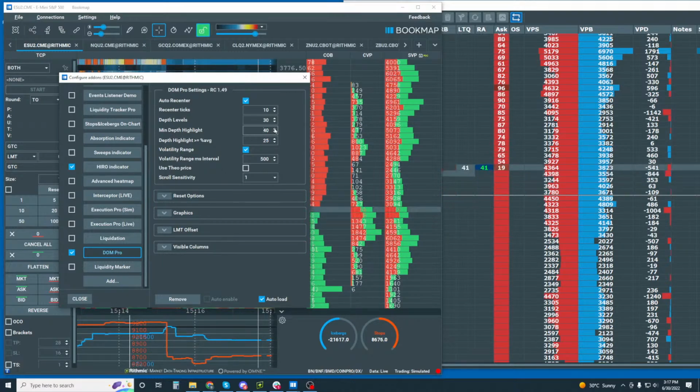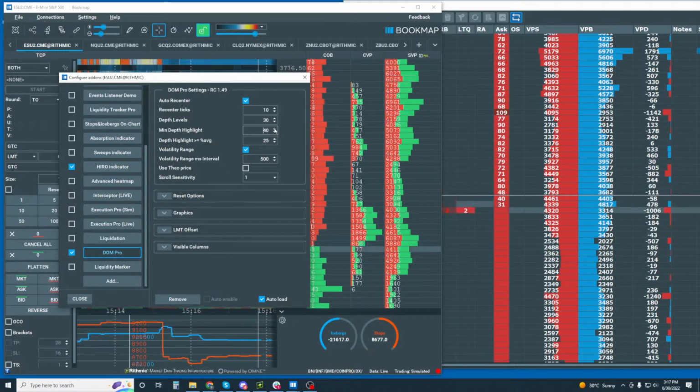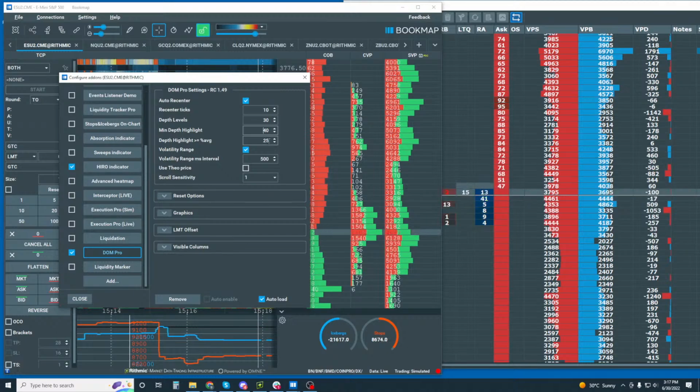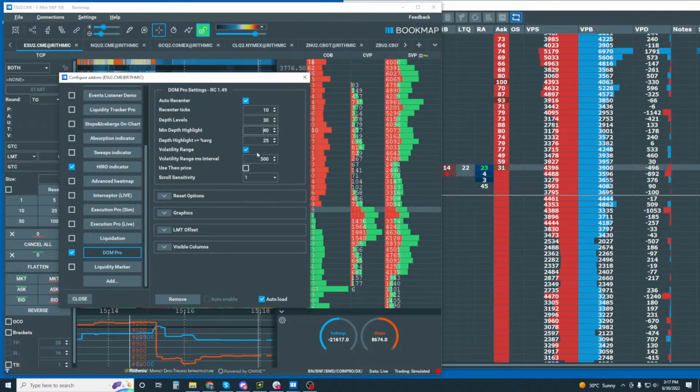Got you. So two filters in there, and then it'll display and highlight it in the dome, in the ask or in the bid column. The depth highlight here is the 25 underneath it, the percentage, which you can filter as well.